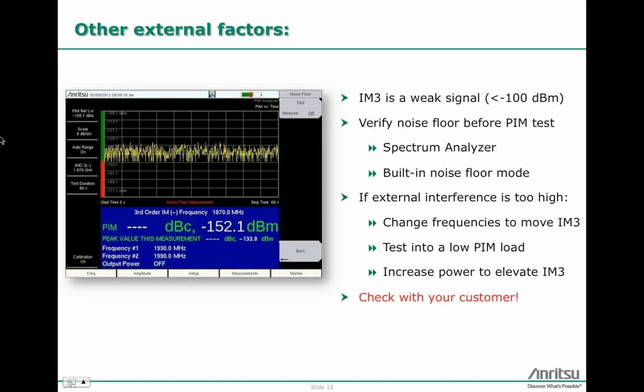If you do experience external interference, you have several options. One is, as I showed on the slide before, you can move the IM3 frequency by moving the transmit frequencies. If you adjust the IM3 frequency slightly, you may be able to move it to clear spectrum to perform your test. The other option, if it's just broadband noise that you can't move the frequencies to get around, is that you may have to transmit into a low PIM load.